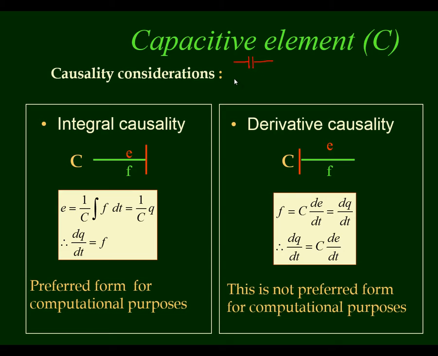Isn't it true that the voltage across the C is 1 over C times the integral of I dt, right? Or you could say this is 1 over C times Q. You see, this equation that you see here has this form.